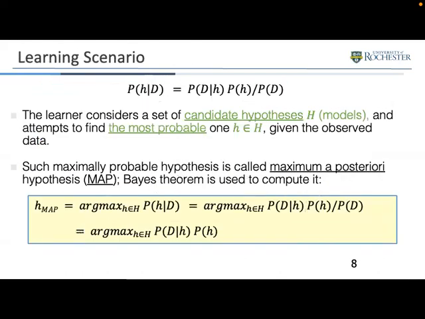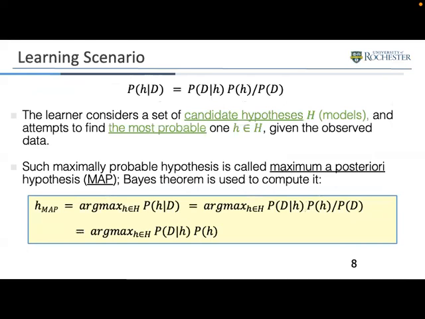The whole learning scenario is P(hypothesis|data), or the evidence, equals this one. This considers a set of candidate hypotheses H from the model, and attempts to find the most probable one H from the whole hypothesis distribution.